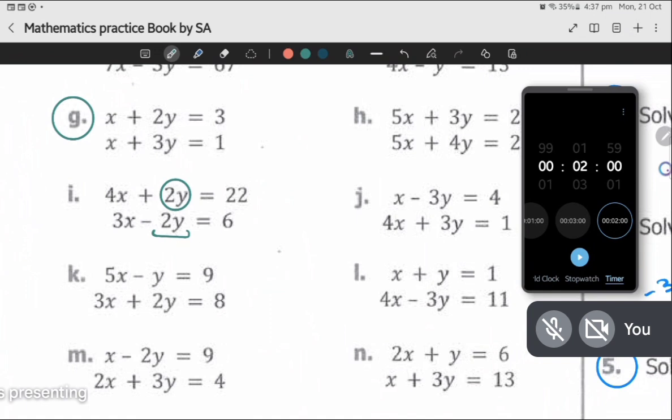Can we move this to this side? पॉजिटिव हो जाएगा, राइट. सो हमने इसको यहाँ मूव कर दिया और इसको यहाँ मूव कर दिया, लाइक 6 को यहाँ ले आए और 2y को वहाँ ले. सो हमारे पास क्या आ जाएगा, 2y is equal to 3x minus 6. Yes. And 2y is equal to 22 minus 4x. Right? Make sense?